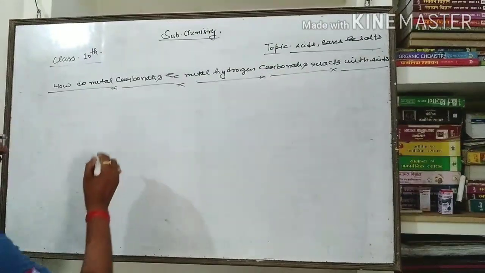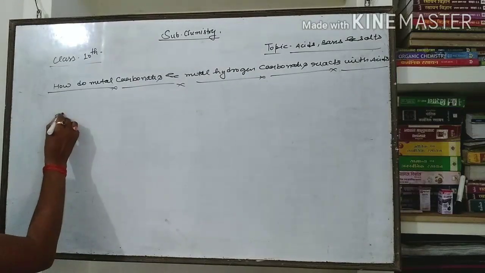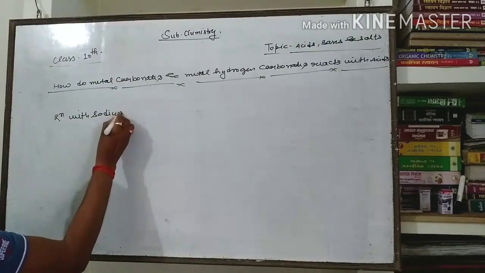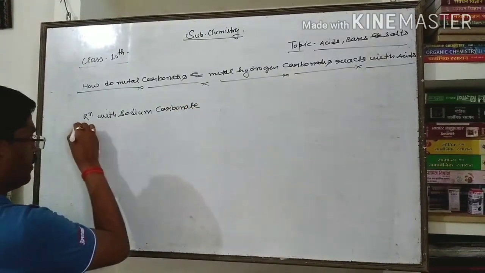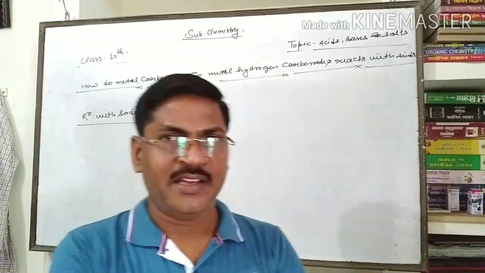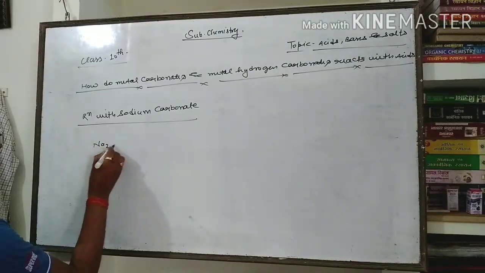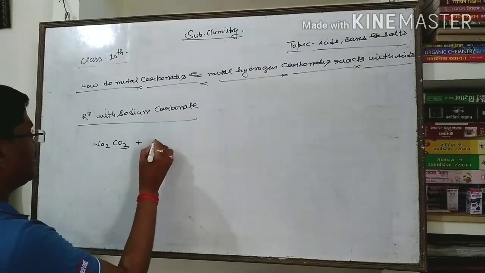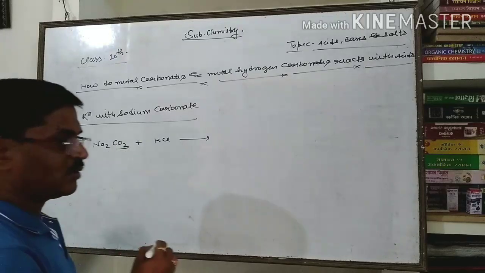By a reaction I am going to write, suppose I have taken sodium carbonate. First of all I have to react this sodium carbonate with acids. All of you know the formula of this, Na2CO3, and it reacts with any acid, like HCl, hydrochloric acid.